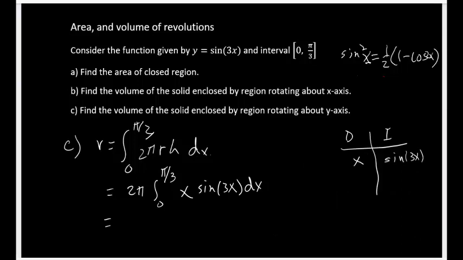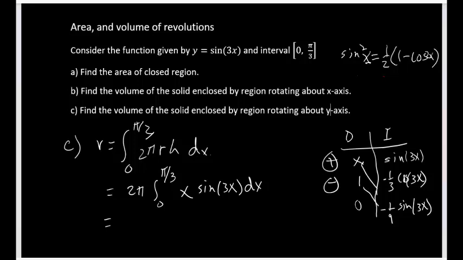So I'm considering x is the function on the left side and sine 3x on the right side. Take the derivative of x, which is 1, and then it goes to 0. Integral of sine 3x will be negative 1/3 cosine 3x. Again, it is 1 over 9 with a negative sign, sine 3x. And then we just collect our answer doing this type of multiplication.